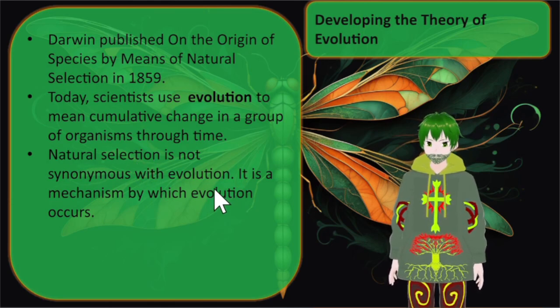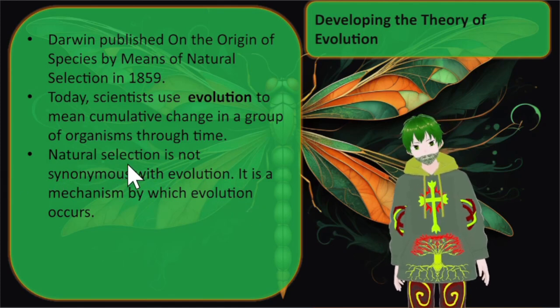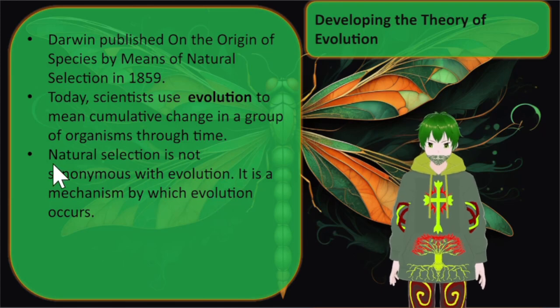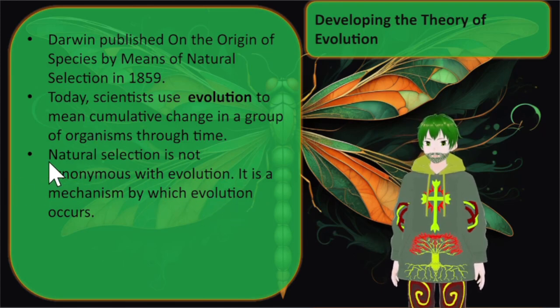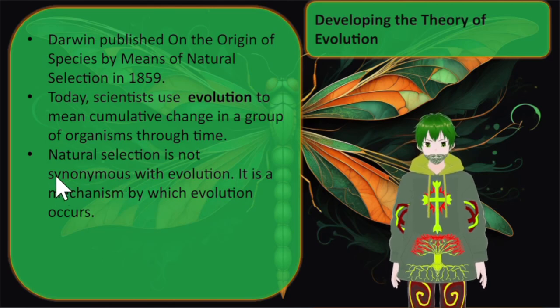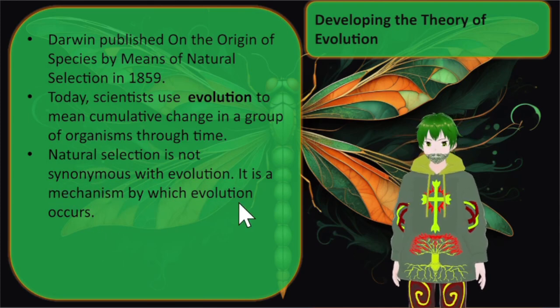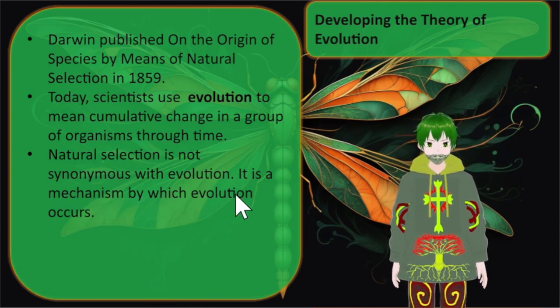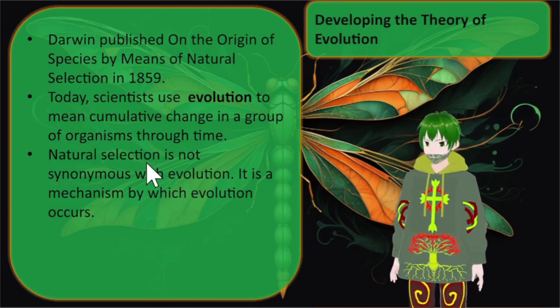Evolution is change over time. A selectable trait, natural selection, is a mechanism of evolution. And so you're not going to have evolution without natural selection. So I guess they aren't directly analogous, like they're not word-for-word synonyms, but they contain very similar ideas. Evolution is the whole change over time. Natural selection is one piece of how that happens.